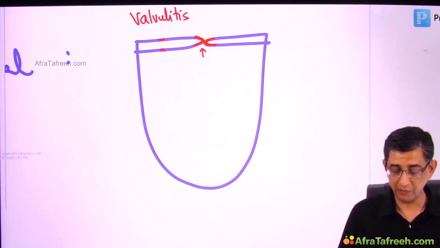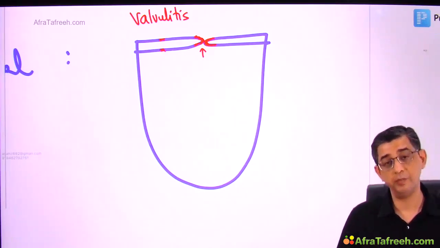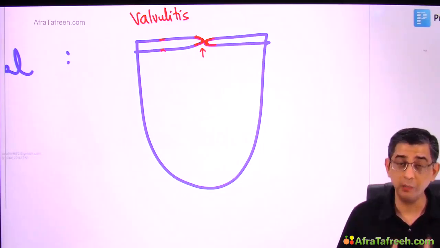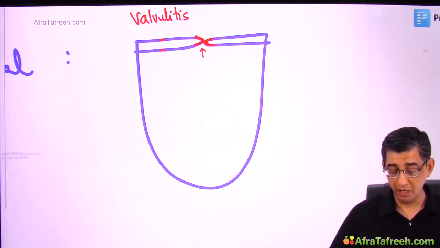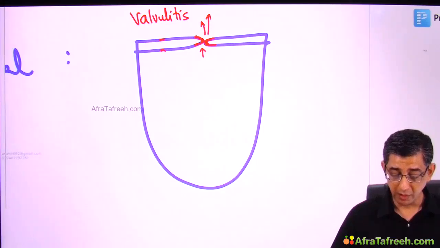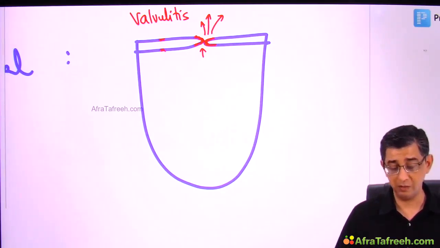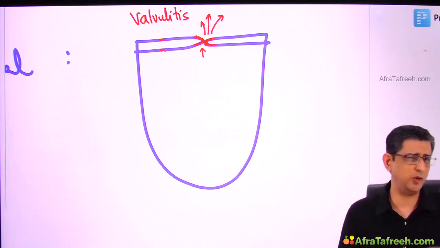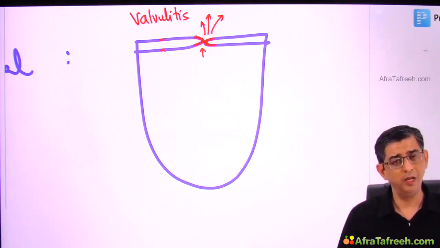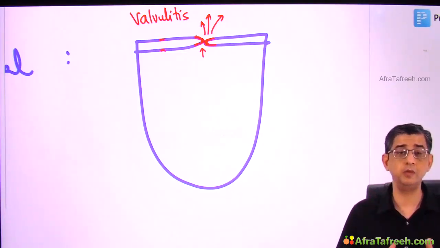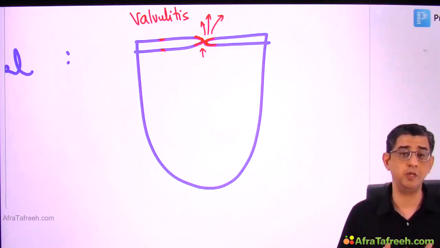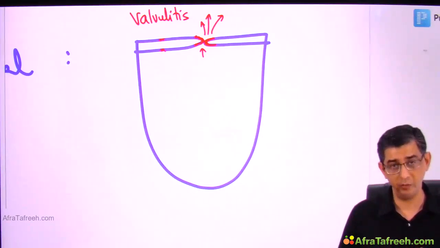The importance of this valvulitis is that because of the inflammation present here, the valve cusps may not be able to approximate properly, and there might even be leakage of blood. If the amount of leakage of blood is very little, the murmur may not be appreciated. When you are in a busy OPD with a lot of noise and cacophony in the background, there's a high probability that you may not be able to appreciate a murmur because of the background or ambient noise.